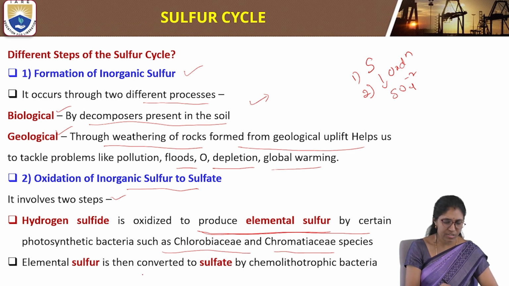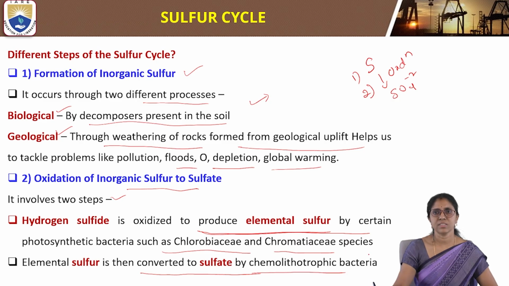Elemental sulfur is then converted into sulfate by chemolithotrophic bacteria. So in this second step there are two steps. First, hydrogen sulfide is converted into elemental sulfur by photosynthetic bacteria.